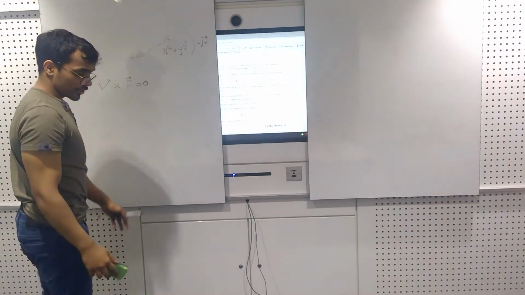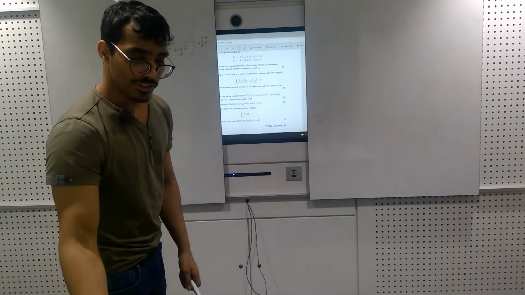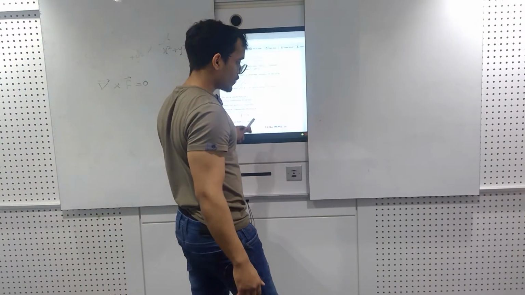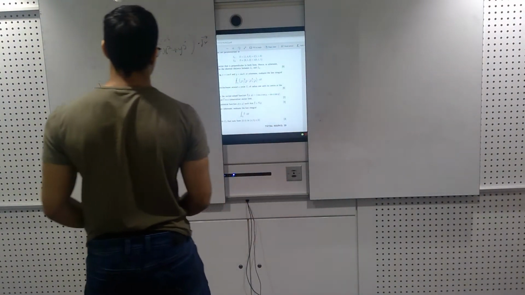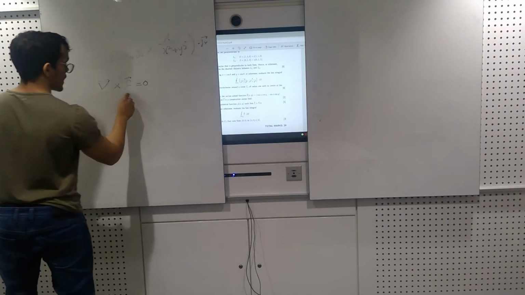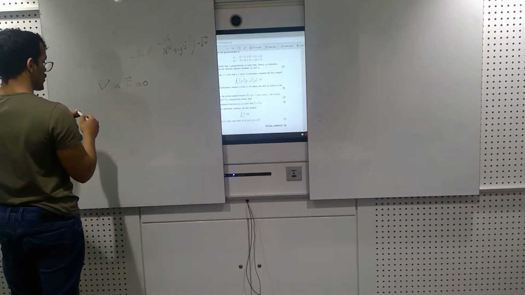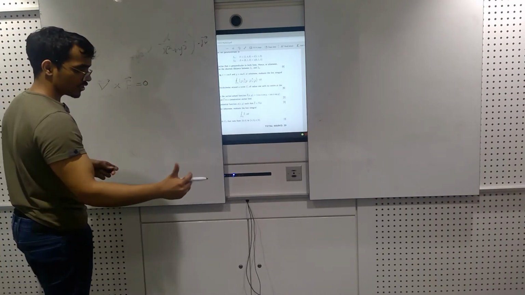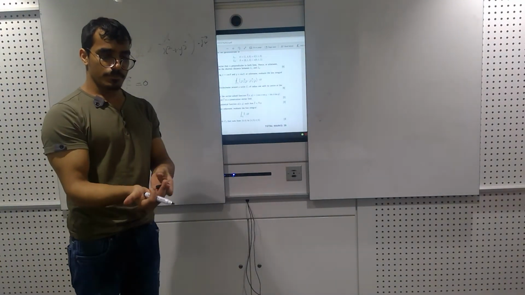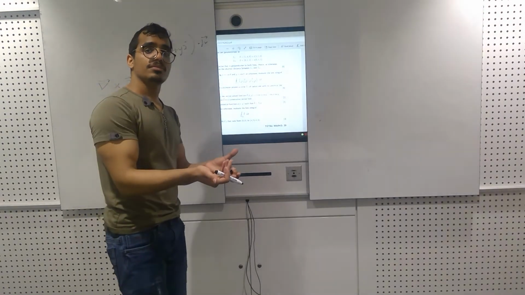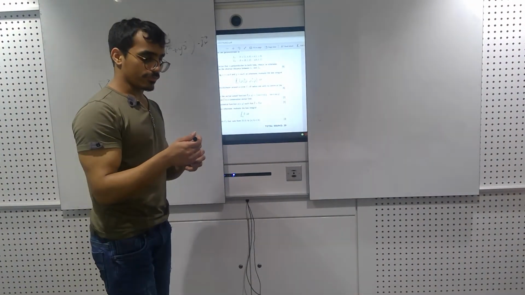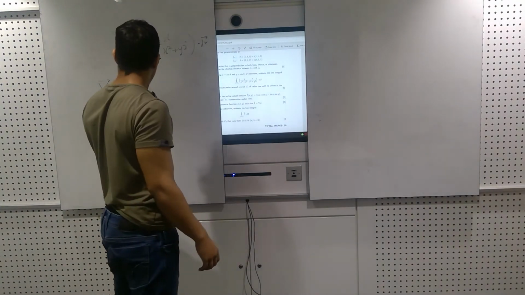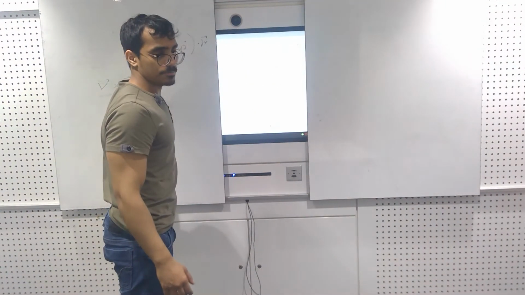A field is conservative if we take the function we are integrating, call it f, and take the curl of that function, which is nabla cross that function, and we get that the answer is 0.